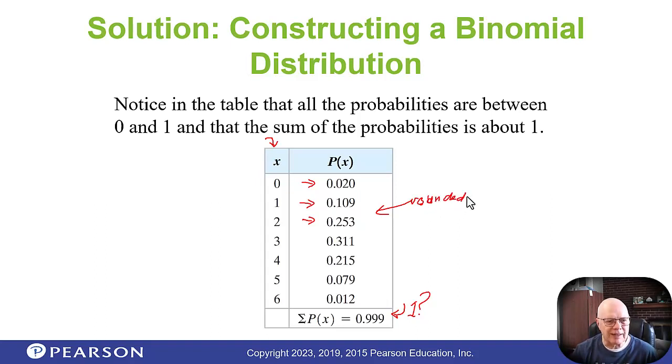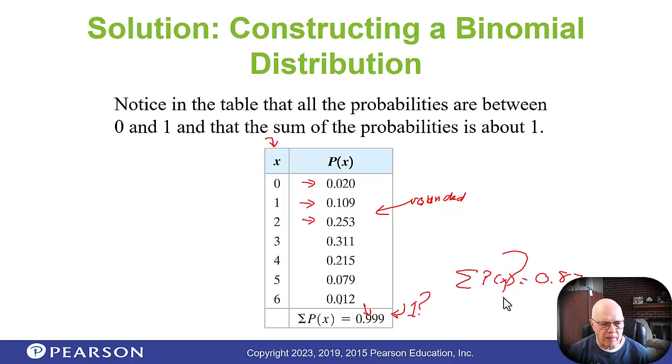And because they're rounded, sometimes they're rounded up, sometimes they're rounded down, and so these are really good approximations, but they're not perfect. So when we add them up, sometimes we get very, very close to 1. It should be very, very close to 1. If it's far off, if the sum of your probabilities is something like 0.87, there's probably a problem there. You need to go back and do it again.